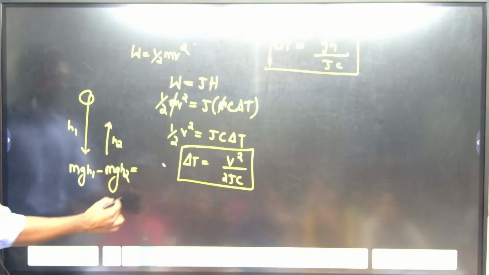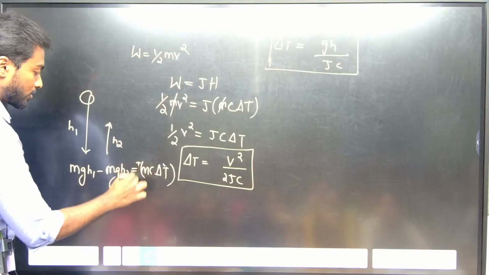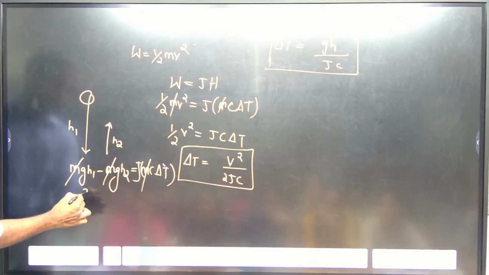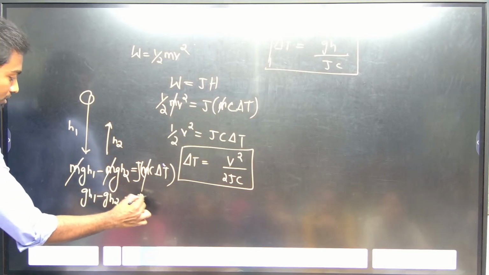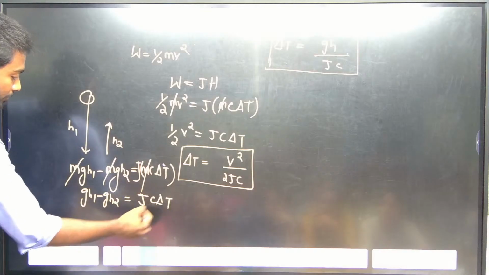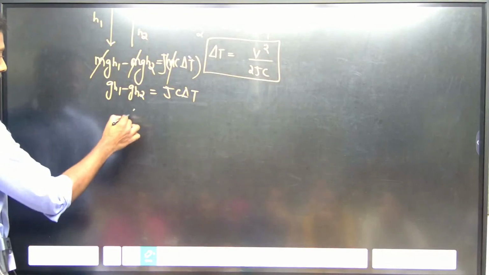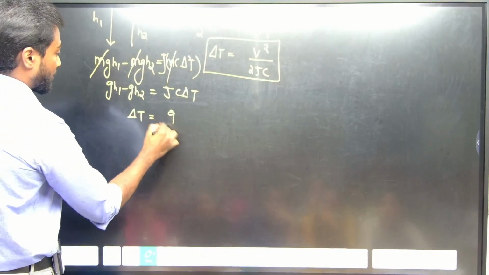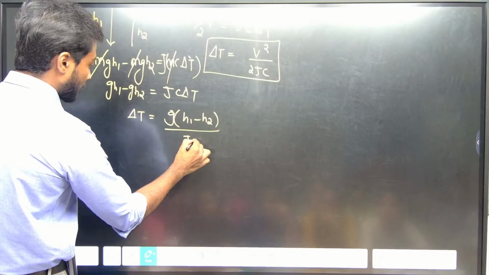So I can cancel this m. So gh1 minus gh2 equals J into c delta T. So delta T will be equal to g times h1 minus h2 by J into c.